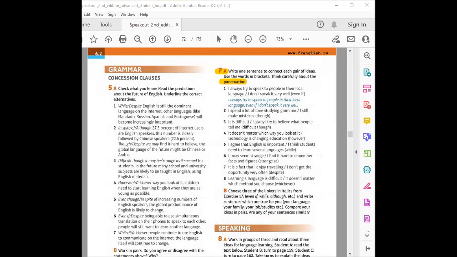You were right the first time. You said, difficult though it may be, I always try to believe what people tell me. This is correct. We put extra words like it may be. Yes, we just added it may be.